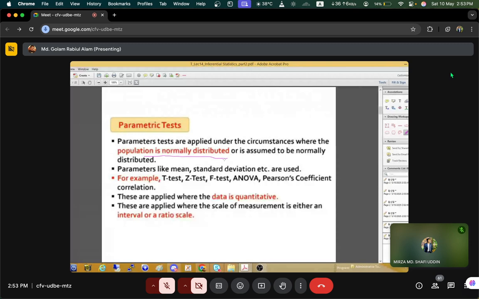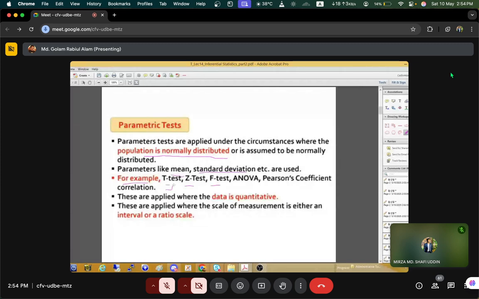In a parametric test, we need the values of parameters like the mean and standard deviation. Some examples of parametric tests are T-test, Z-test, F-test, ANOVA, and Pearson coefficient correlation test. All these are parametric tests.